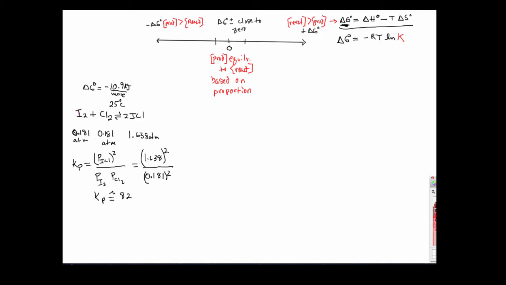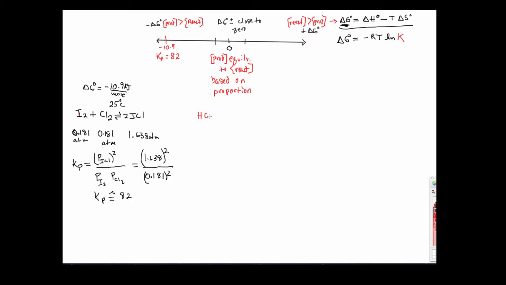So I'm going to add, as we go, this information to the number line. So we've got a minus 10.9 kilojoules, and my K value is approximately 82. All right, now for the next reaction.